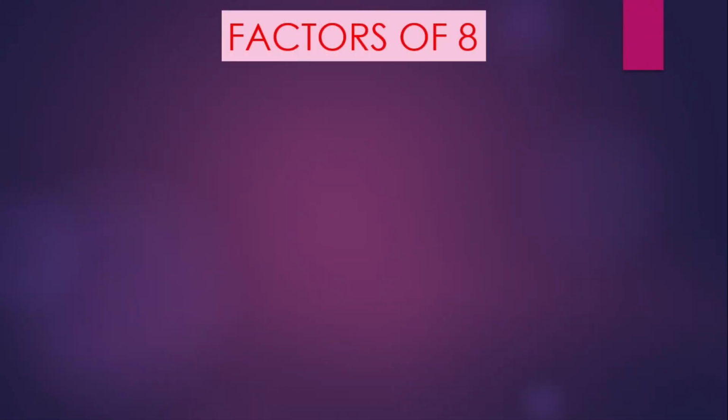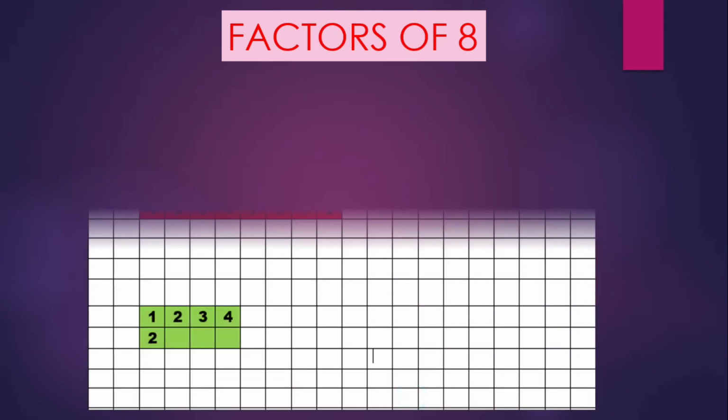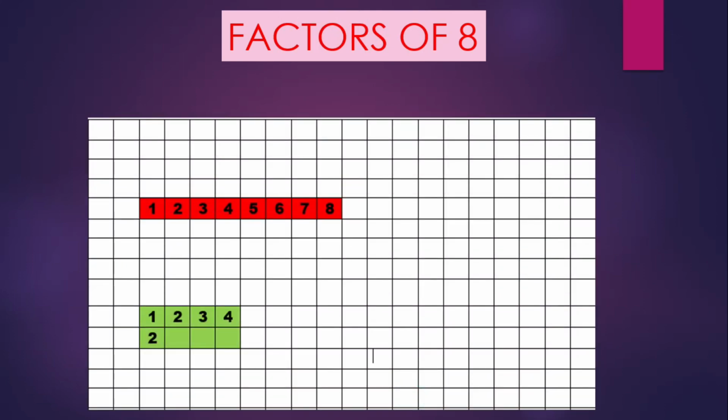Now moving on to the next number, here we have factors of 8. For this again a math paper, and now I have to show 8 in a single line because the first factor of 8 is 1 8s are 8, because we know that 1 is a factor of each and every number.